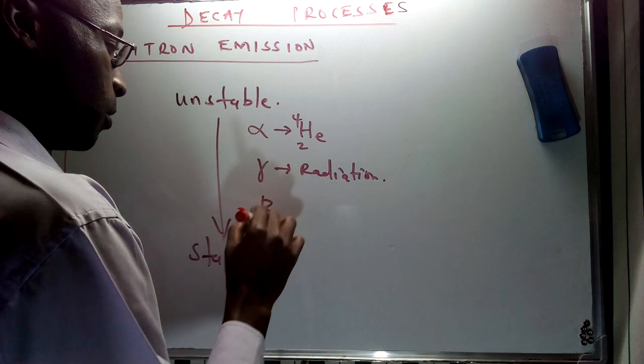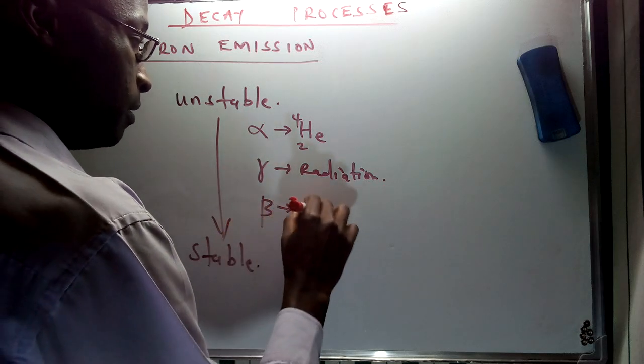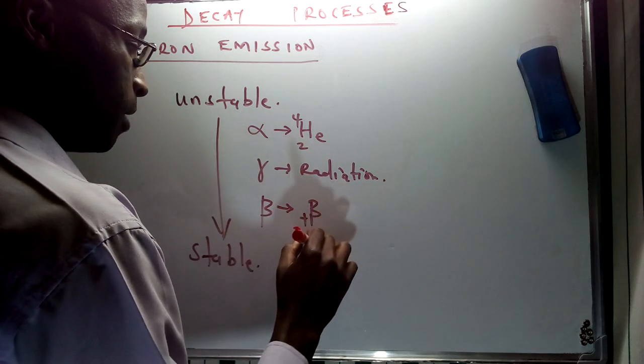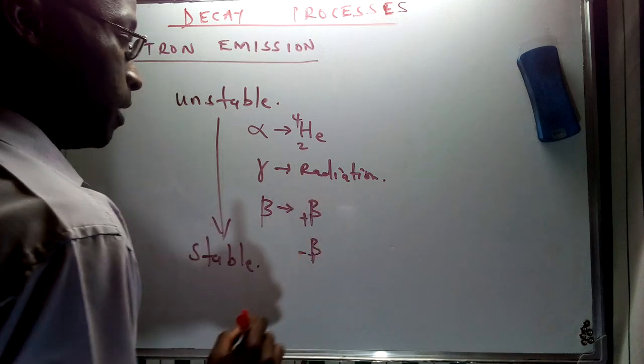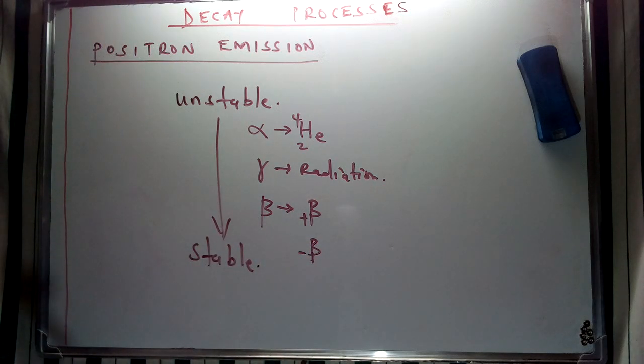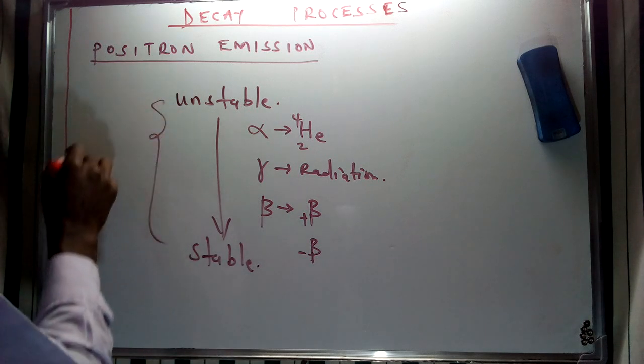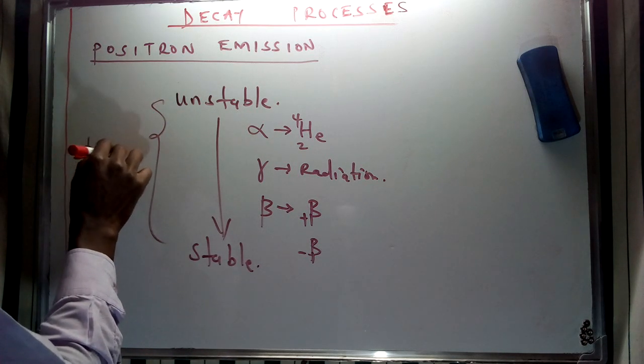I also mentioned beta decay, where we looked at beta positive and beta negative decay, which are the processes involved in creating these stable elements, and the process in between is what we referred to as the decay process.